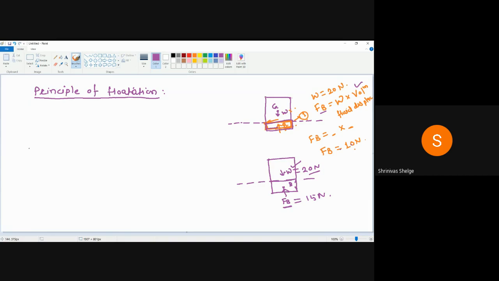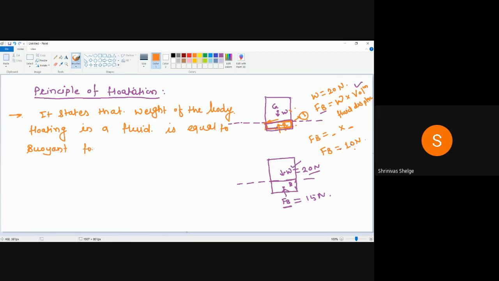So I will write down here the principle of floatation. The principle of floatation states that the weight of the body floating in a fluid is equal to the buoyant force.